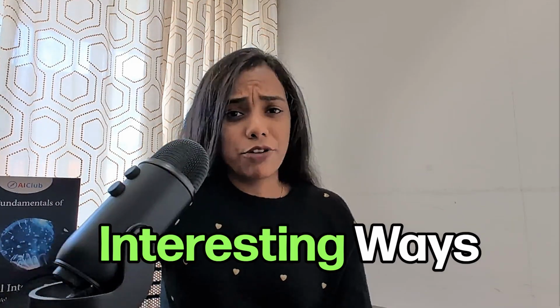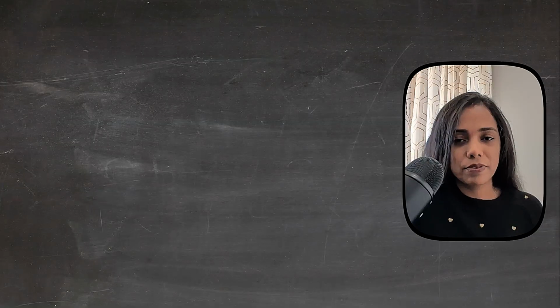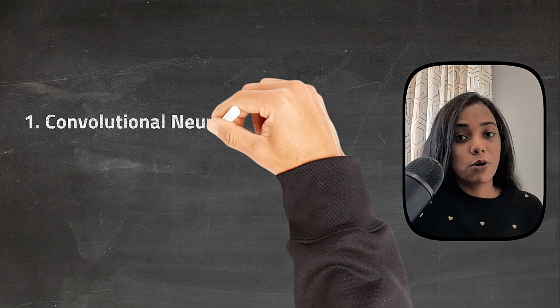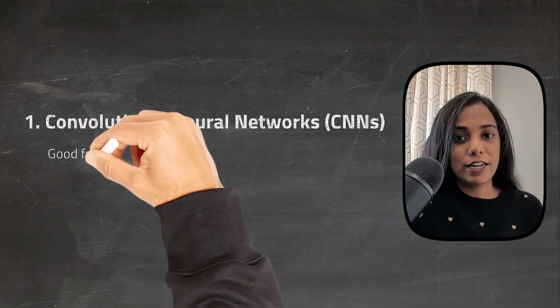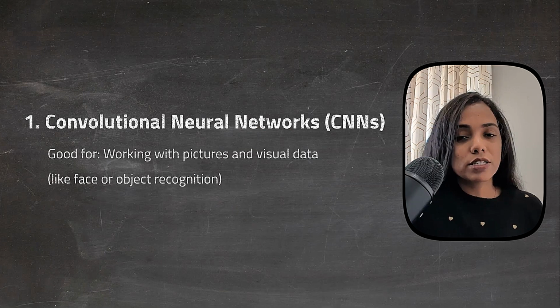There are so many interesting ways in which these neurons can be connected, which lead to different model architectures. Let's look at a few common architectures. First one is convolutional neural networks, known as CNN. These neural networks are good with visual data or images.